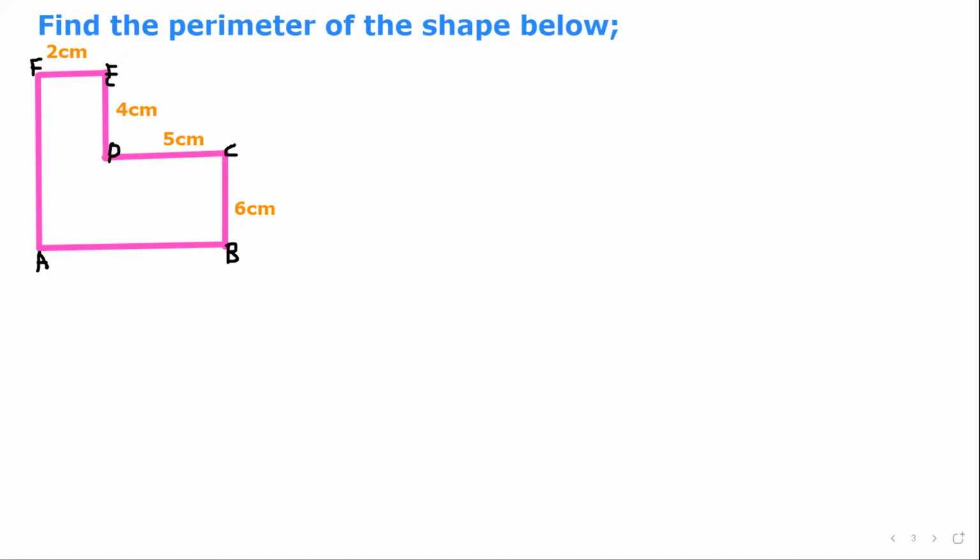Okay, good. So some dimensions here have been given to us, others have not been given. So since others have not been given, you have to find all the dimensions because the perimeter deals with all the dimensions or all the distance around the shapes.